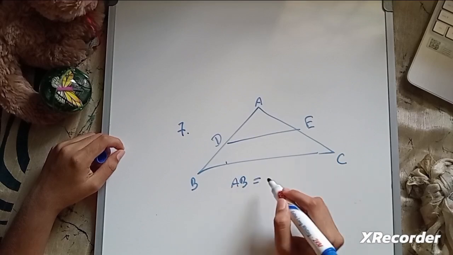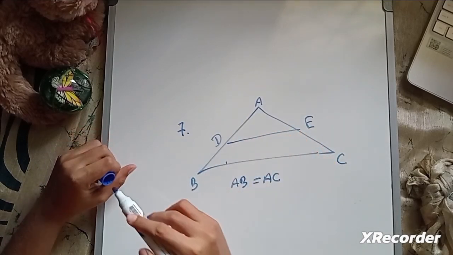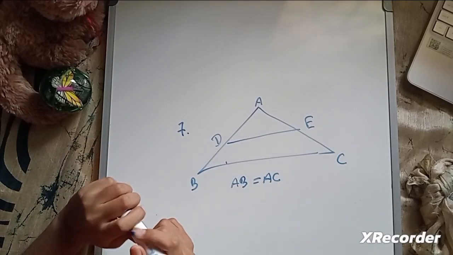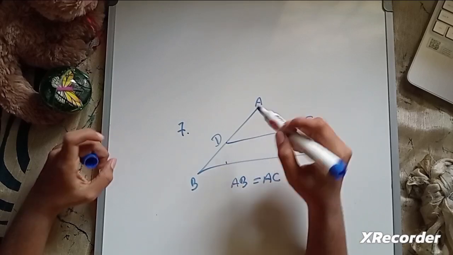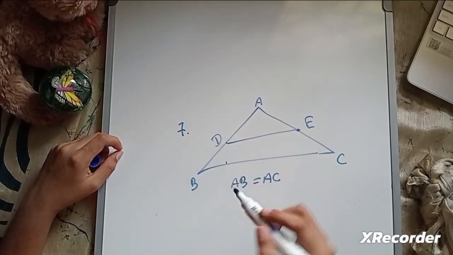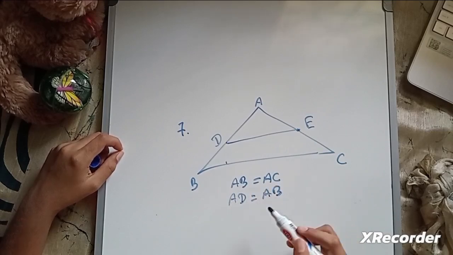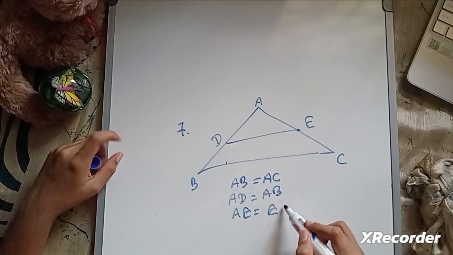D and E are midpoints of sides AB and AC. So these are midpoints. So that means AD equals half of AB, AE equals half of AC.